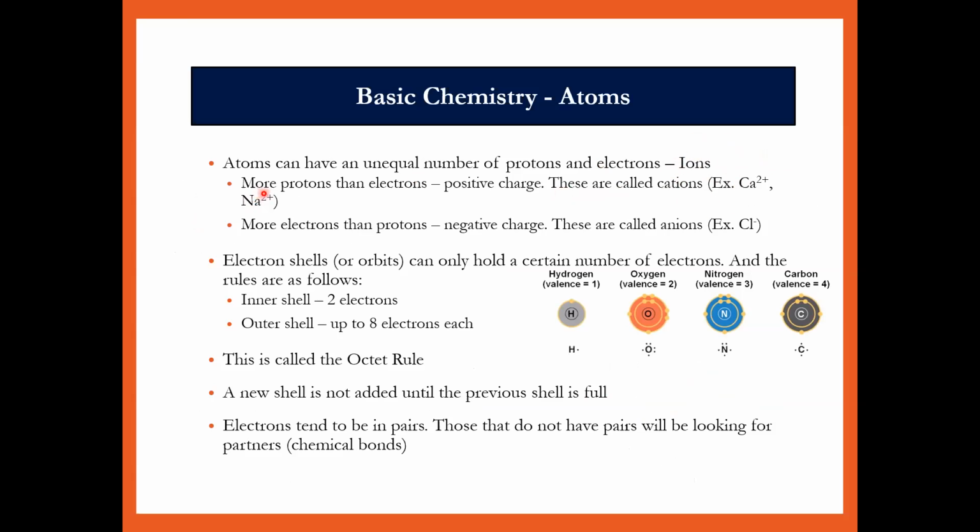So if you were to have more protons than electrons, you would have more positives than negatives, so you would have what is called a cation, and an example of this is calcium. If you had more electrons than protons, so you have more negatives than positives, you will have a net negative charge, and these are called anions. An example of this is chloride.